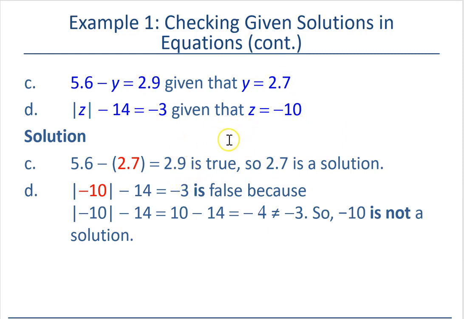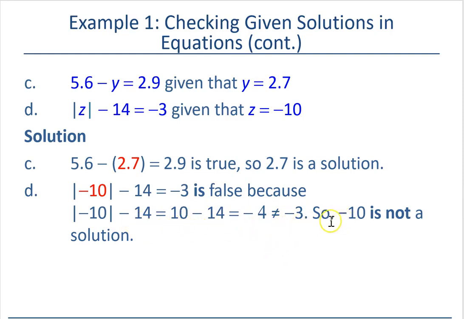Okay, and this final one here, you've got the absolute value of z on the inside, minus 14 equals negative 3. Well notice here, the absolute value of anything on the inside right here, well the absolute value of negative 10 is 10. As you can see right here, 10 minus 14, well, that's going to be 14 minus 10 is 4, and notice how this 14 is larger than 10, and it's got the negative, so you're going to have negative 4 here.